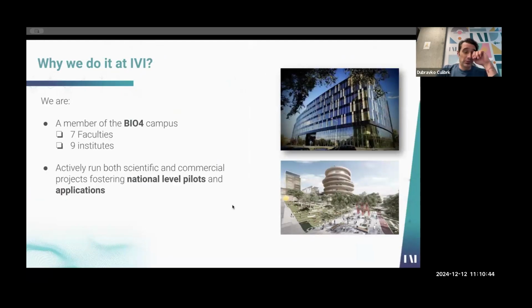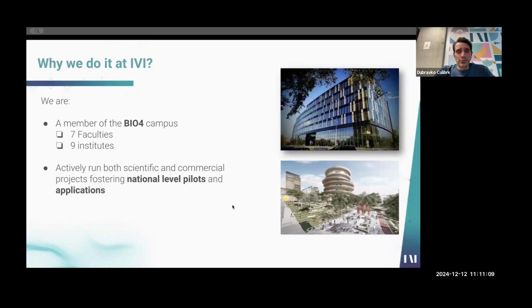Why we do it at the Institute for Artificial Intelligence, or as we call it, IVI, because that's the abbreviation in Serbian. Basically, there are two things that our government is investing in science-wise, and one is the AI part, but probably the bigger national investment is something called the Biofor, which is basically a biotech campus, right?